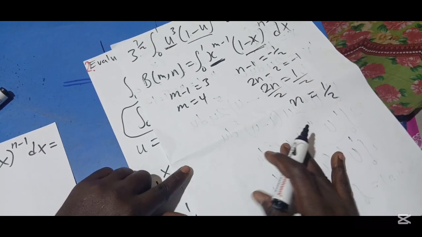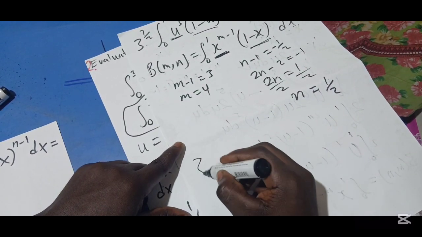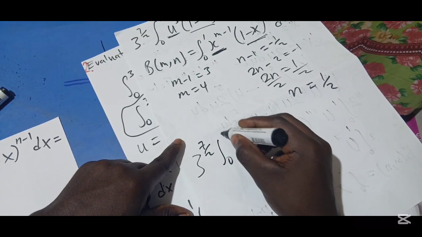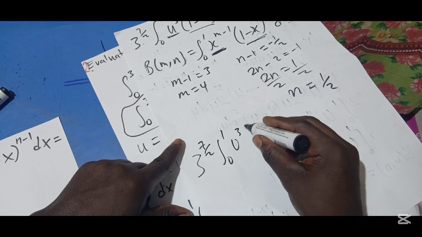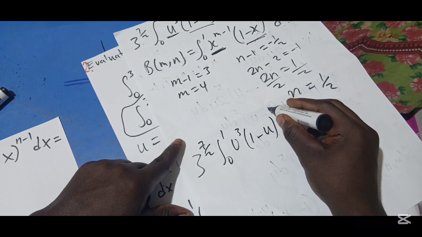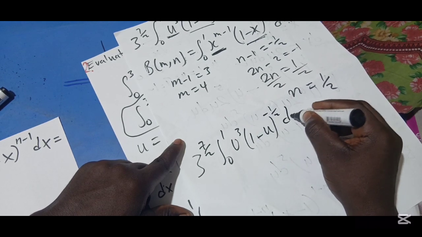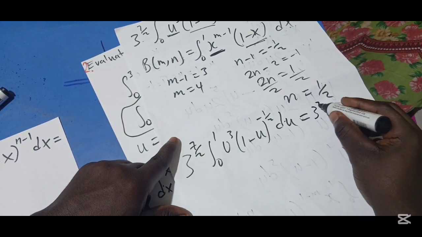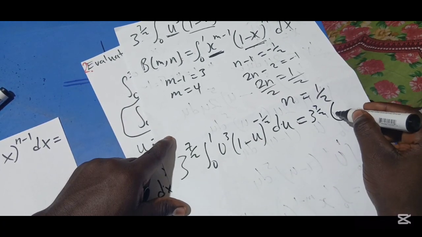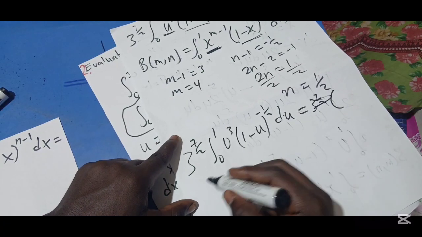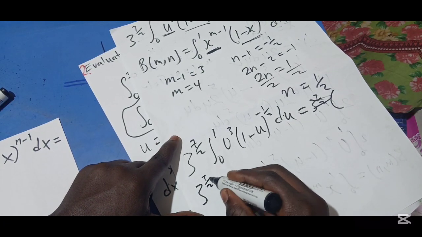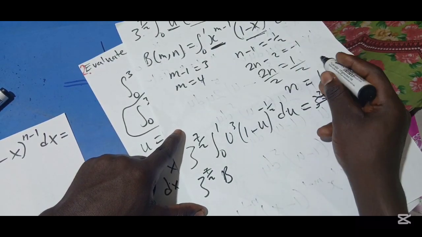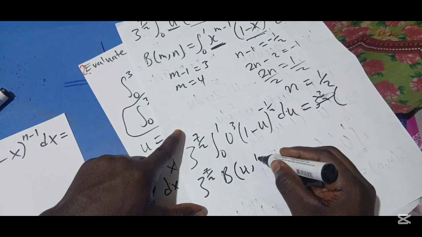So the solution for this problem, 3 to the power 7 on 2, integral from 0 to 1, u to the power 3, 1 minus u to the power minus half du, equal 3 to the power 7 on 2 beta of m, n, which is beta of 4, half.